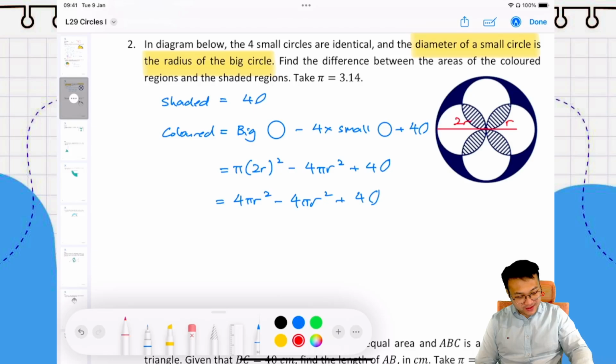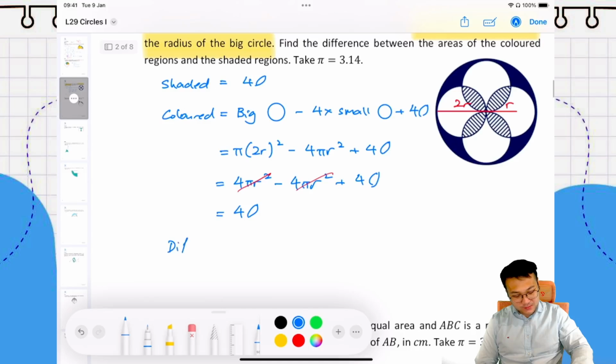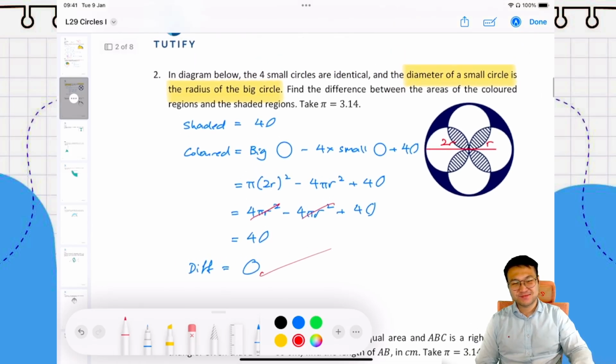Now that's 0, right? So what's the answer? The answer is 4 leaves. Guess what? We have just shown that the shaded area equals the colored area. Therefore, what is the difference between those two areas? 0. There you go. Any questions?